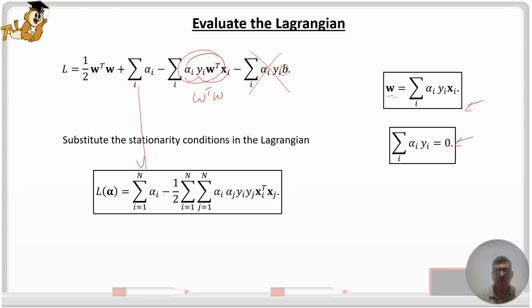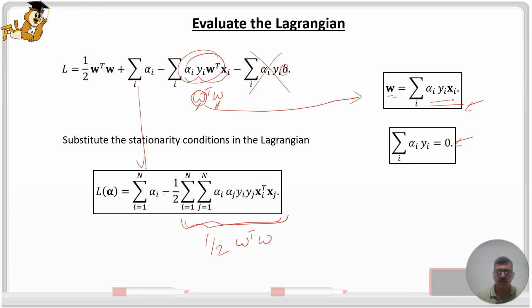So minus half of W transpose W, and once I replace W again with this, I end up with a double summation, one for the W's, one for the W transpose, and I am left with this term right here.